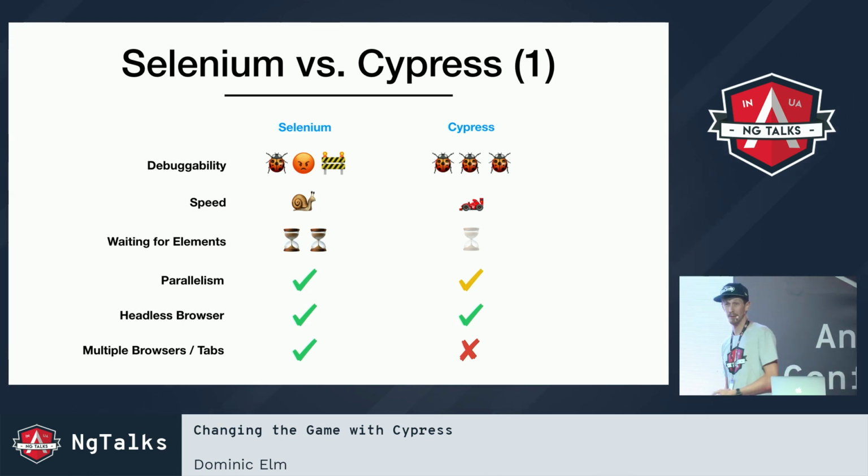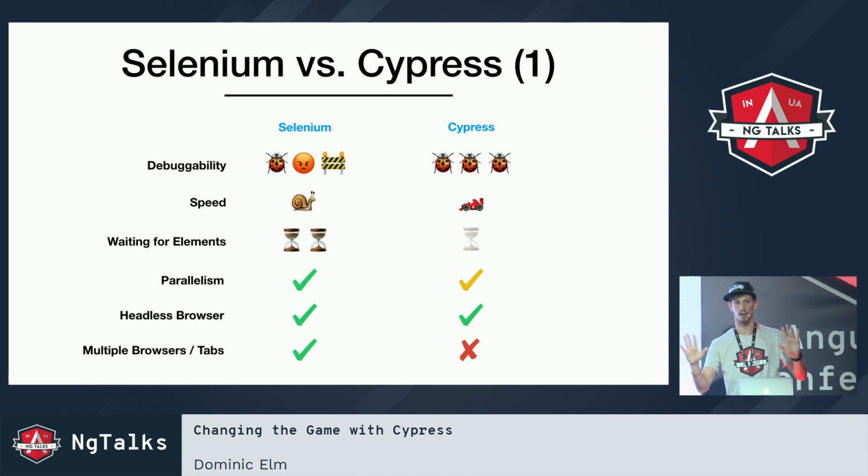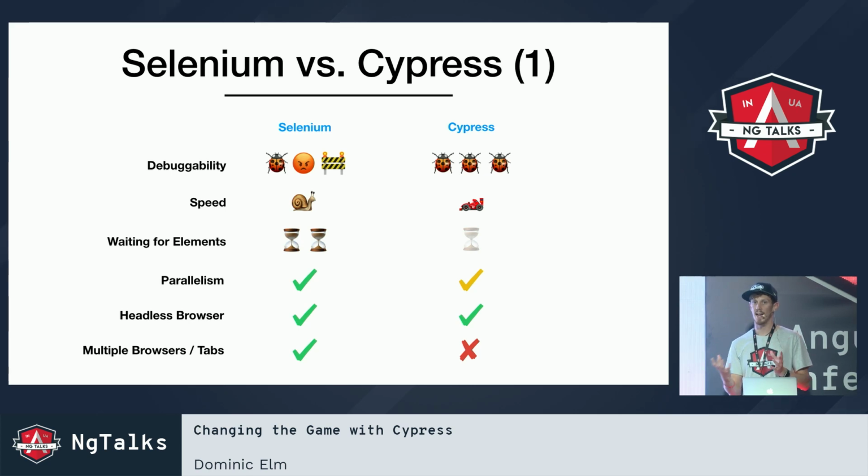Waiting for elements: in Selenium, we have to have proper wait points and synchronization, and we have to wait for elements manually and stuff like that. Cypress doesn't require you to do that at all. It waits for elements to be actionable and visible on the page, especially if you interact with the DOM by clicking a button, typing into an input field, checking a checkbox, these kind of things. It even waits for animations to be done.